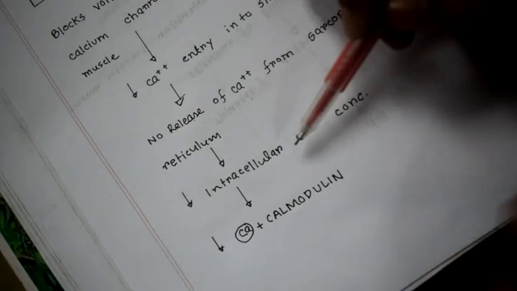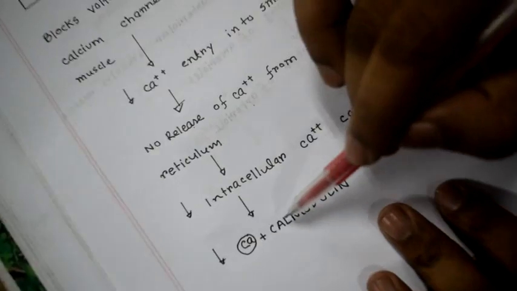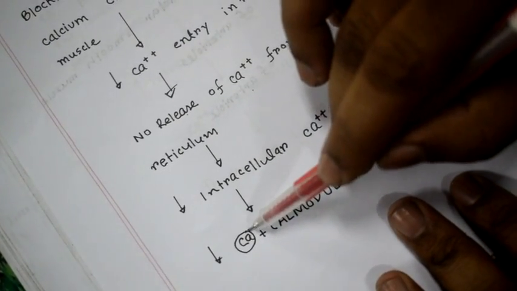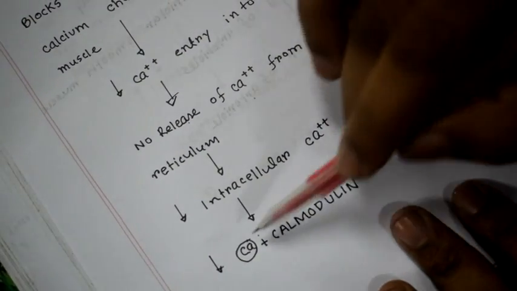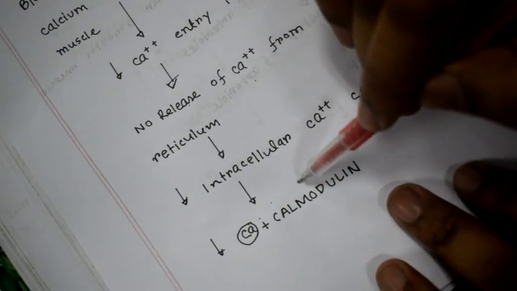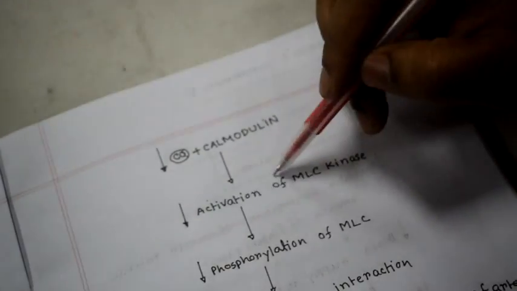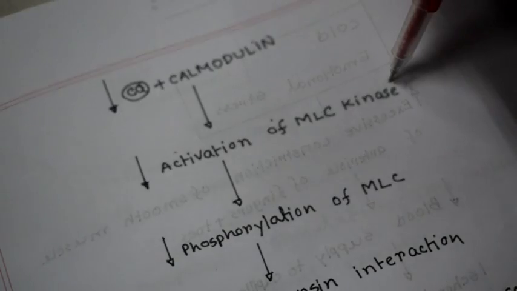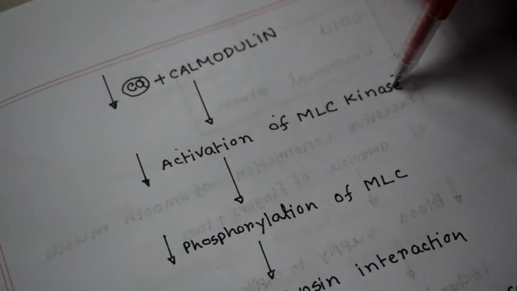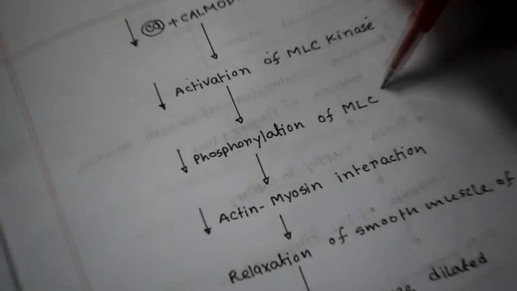When your intracellular calcium concentration goes down, the formation of the calcium-calmodulin complex goes down, so the activity of the calcium-calmodulin complex goes down. When the activity of the calcium-calmodulin complex goes down, there is decreased activation of myosin light chain kinase. When myosin light chain kinase is less active, there is less phosphorylation of myosin light chain.